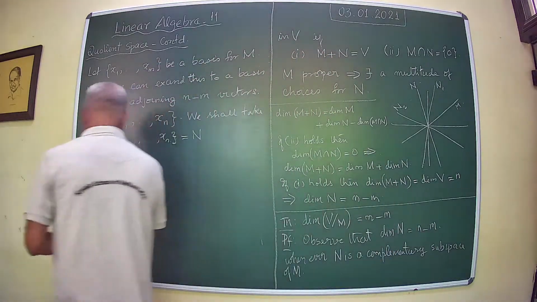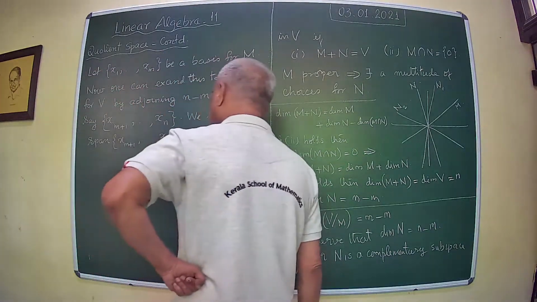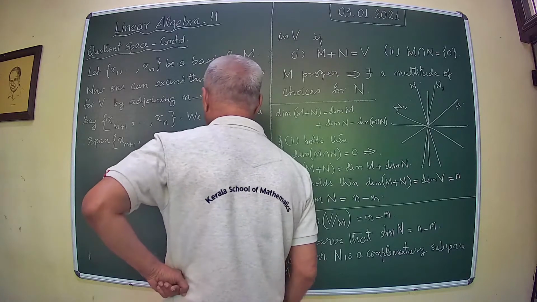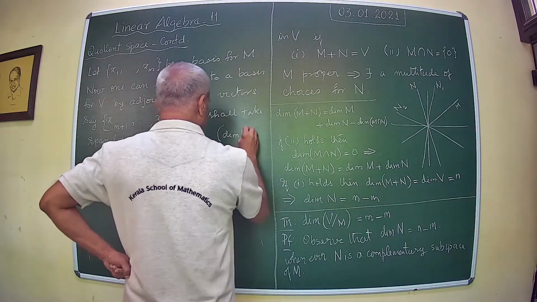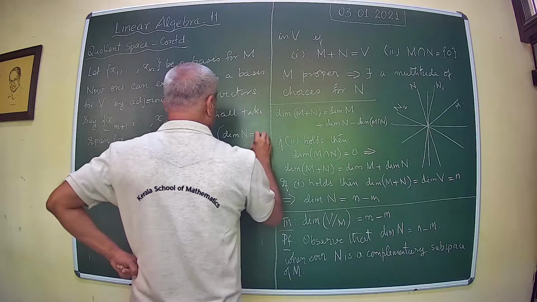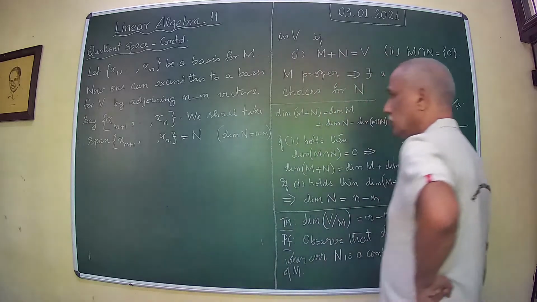Therefore, the dimension of N is equal to n minus m. Okay. So this is the idea.